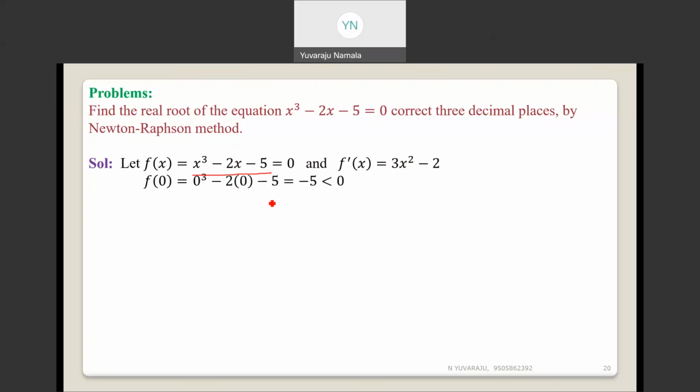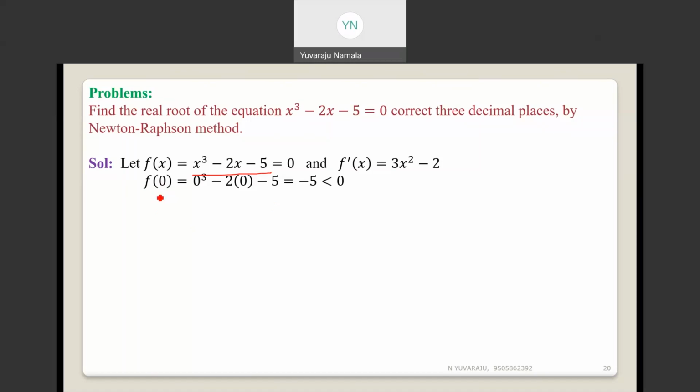Now, to find the real root, we can look at negative or positive values, but we always start with positive. Not only negative, we can find any root, but we write positive first. First assumption, substitute 0. We find the interval a comma b such that f of a and f of b have opposite signs.